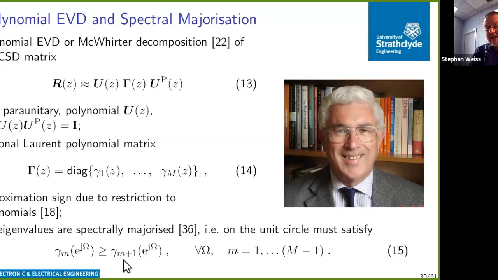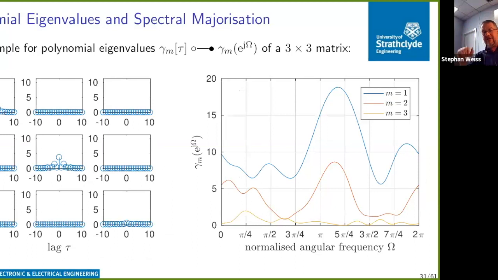So if you look at the eigenvalues along the diagonal of your matrix, you want them to be organized such that the top eigenvalue for every frequency component always has the highest value, the second eigenvalue the second highest value, and so forth. So you see that as an example. On the left-hand side, you have a 3x3 matrix that's been diagonalized by one of John's algorithms.